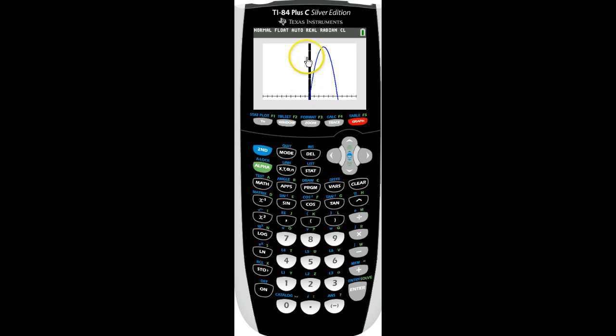Don't worry too much about this solid bar that shows up. What is happening there is that when we were in window, you can see the scale, and it is entering a tally mark on our y-axis every single unit. So it's got one at 1, 2, 3, all the way up to 150.